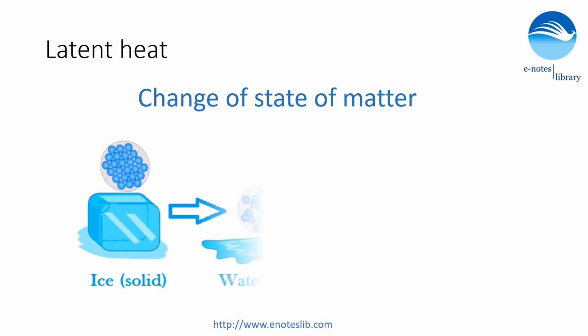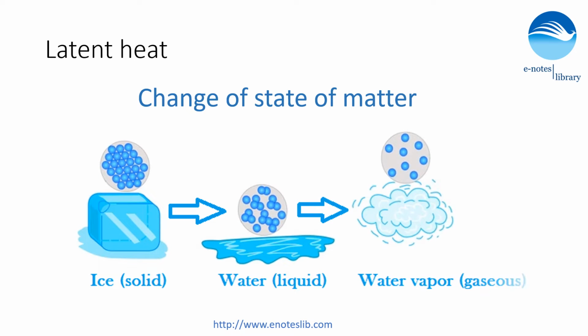Actually, this energy is not utilized to heat up the given system, but it is used to separate the molecules present in the given system from each other, and this energy is called latent heat.